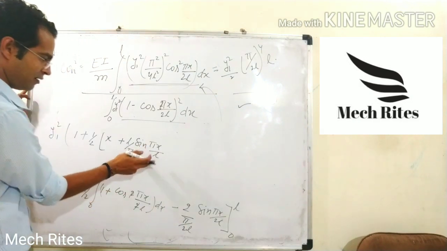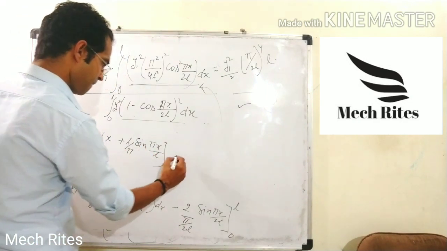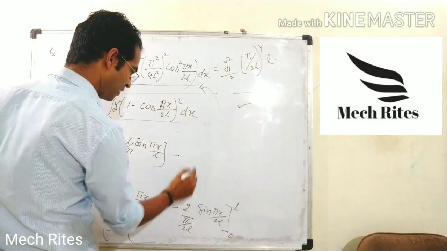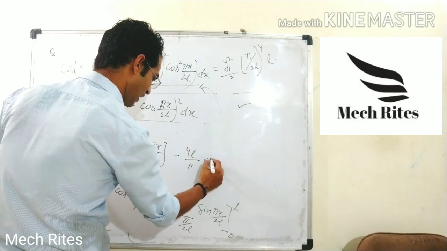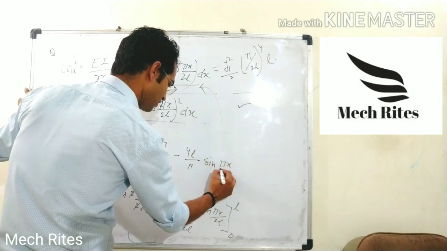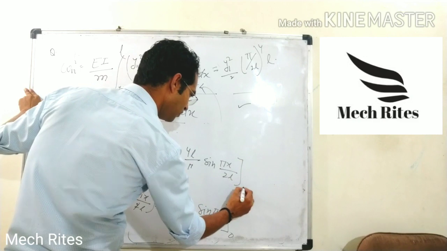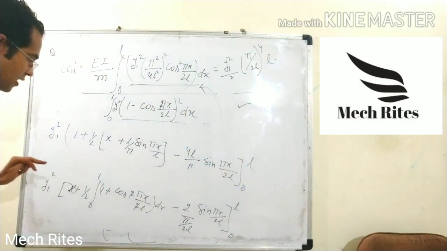Minus, this 2 will multiply with this, so 4L by pi sin pi x by 2L. Limit will be 0 to L.